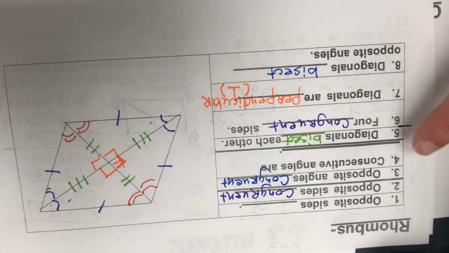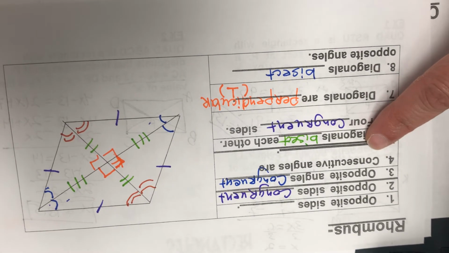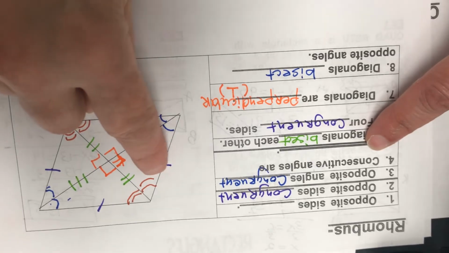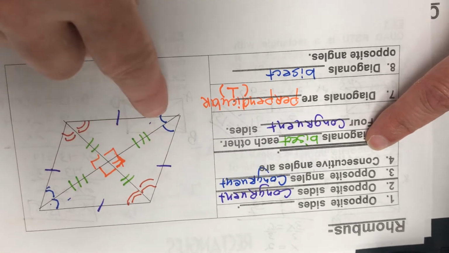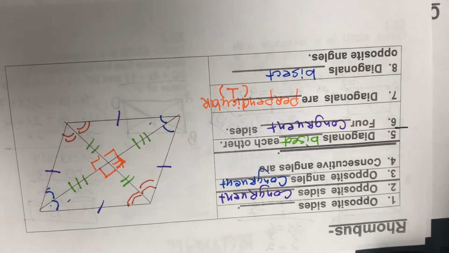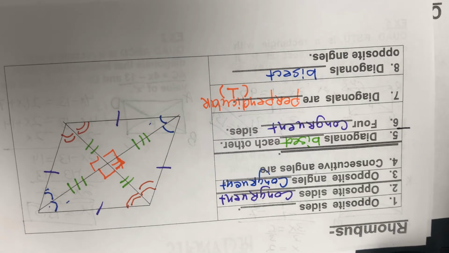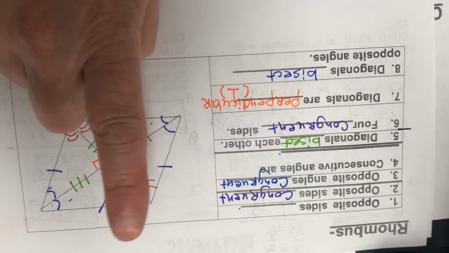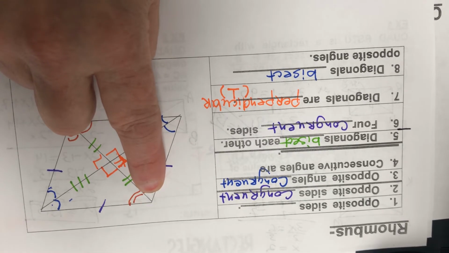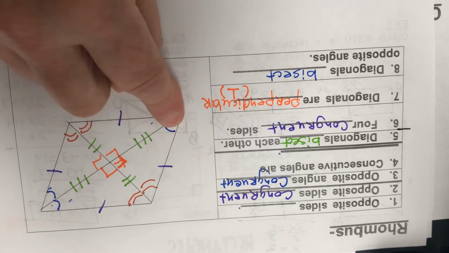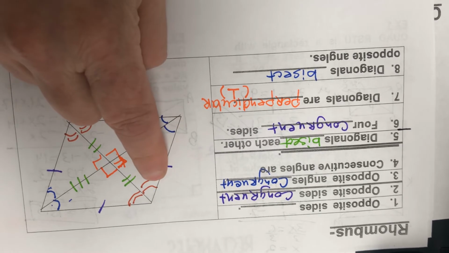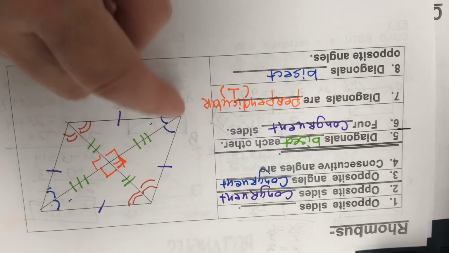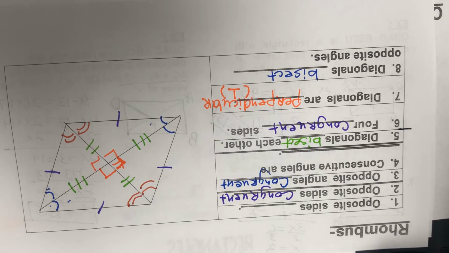So consecutive angles are supplementary. This whole angle plus this whole angle is still going to add to equal 180. In your right triangle, half of this angle plus half of this angle, so just this part plus this part, adds to equal 90.